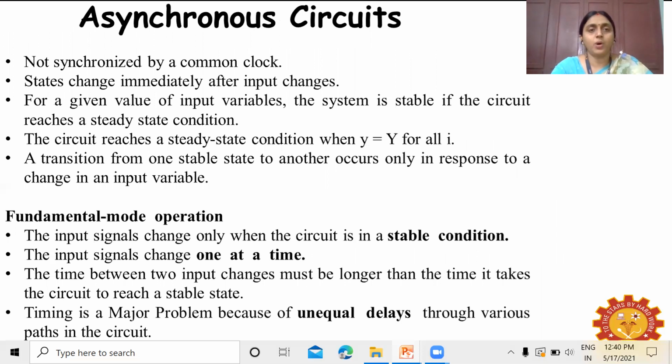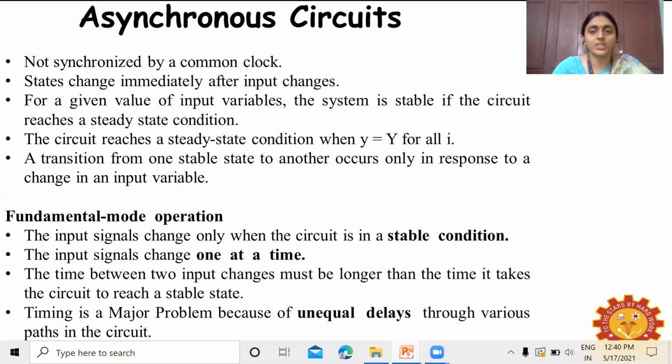Now we will see about asynchronous circuits. Here they are not synchronized by a common clock. The state change happens immediately after input changes. For a given value of input variables, the system is stable if the circuit reaches a steady state condition.